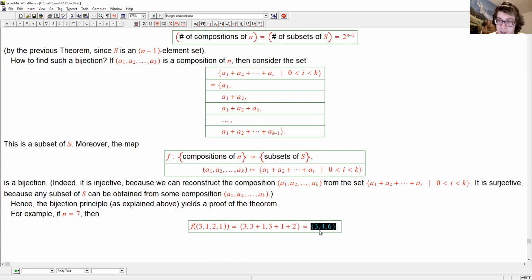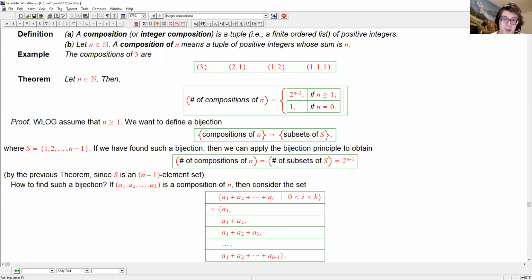And if you have 3, 4, 6 and you want to reconstruct the composition, you look at the differences between consecutive elements here. So 4 minus 3 is 1, 6 minus 4 is 2, and finally the last one is what you're missing to get 7 as a sum. So this is how you undo this map F. So much for just counting all the compositions.